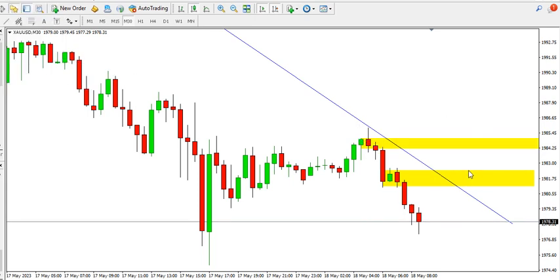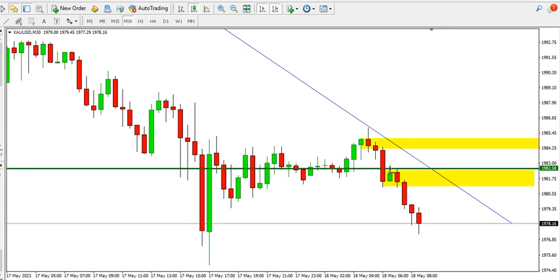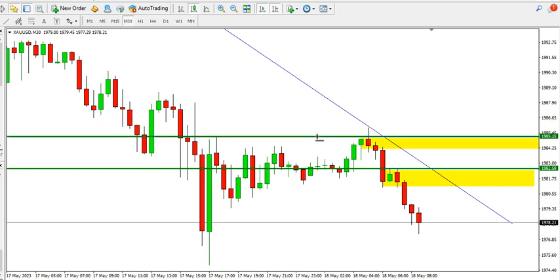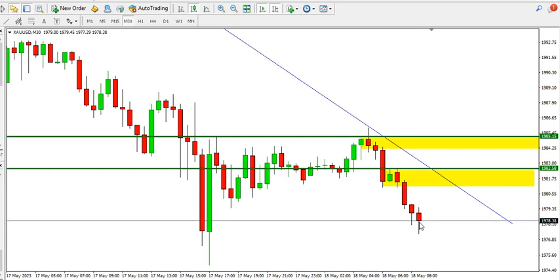When you are selling, you might place your stop loss above the other block. Your stop loss could be at 1982.5, or at 1985.1. So for now, the price of gold is going down.